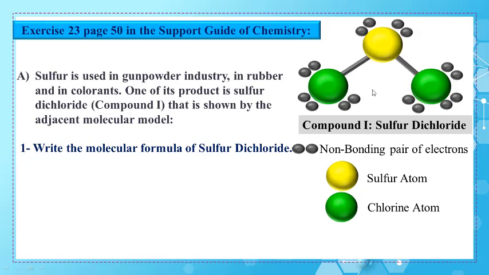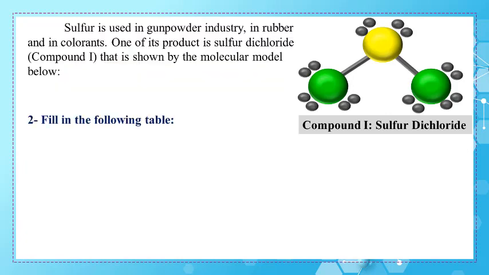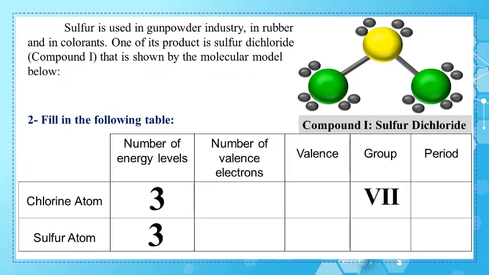Referring to this molecular model, sulfur dichloride is made up of one sulfur atom and two chlorine atoms, so the molecular formula is SCl2. In part 2, let's fill in the following table. Chlorine atom and sulfur atom has 3 occupied energy levels each, and the chlorine atom belongs to group 7.